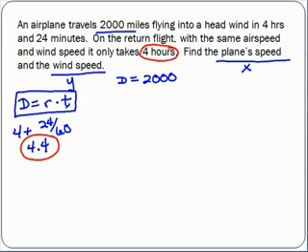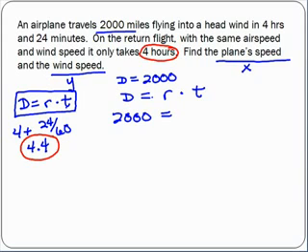So let's just take a look at the distance flying into the headwind. So our distance is equal to rate times time. Our distance is 2,000. Our rate, well, we have the wind speed and the plane speed, and we're flying into the wind, so the wind is working against us, so it's slowing us down.